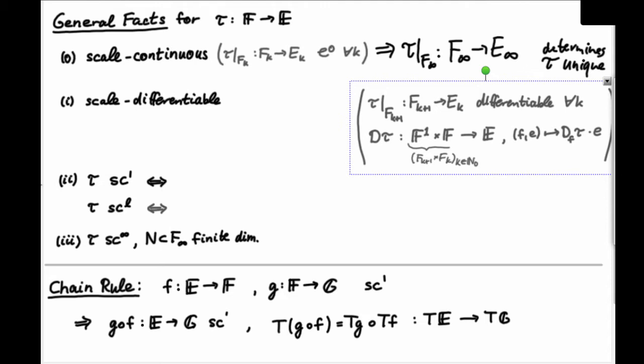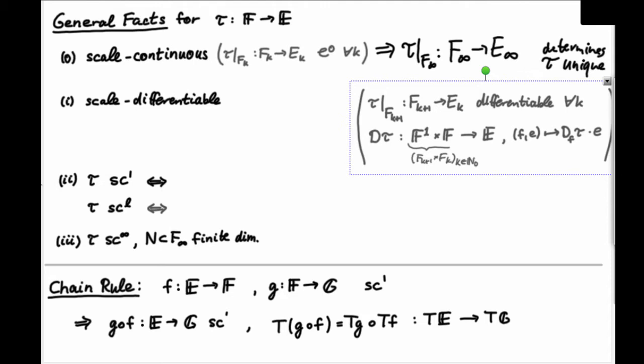But you can also just ask about the scale differentiability and all these conditions with respect to this map with respect to the different norms. That's where it makes sense to try and write out this differentiability in terms of the difference quotient.